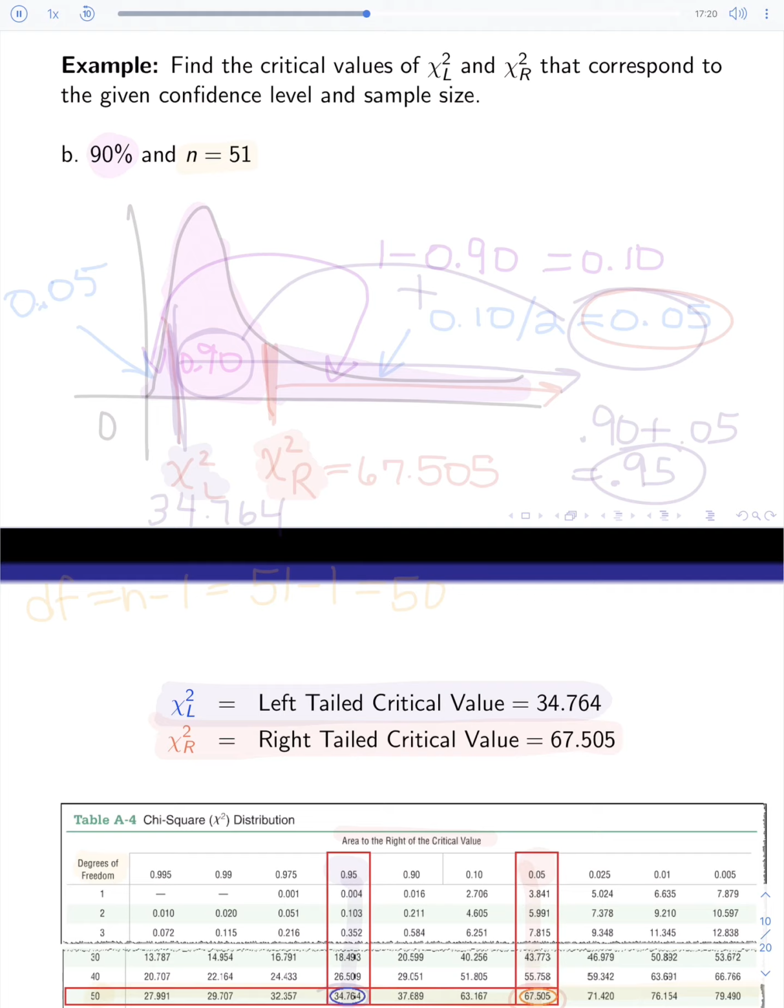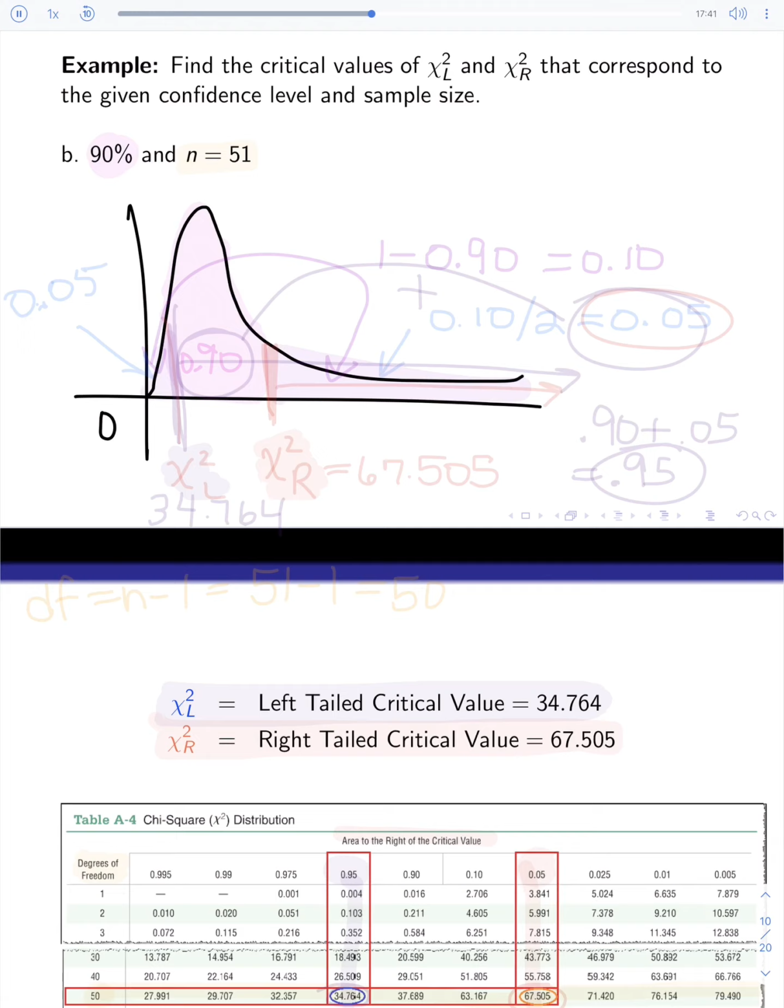So let's first start by drawing our picture. Remember, we're going to start by drawing our axes, because the chi-squared charts or tables always start at 0. So I can draw my skewed graph. It doesn't need to be perfect, but it should start at 0 and be skewed on the left.